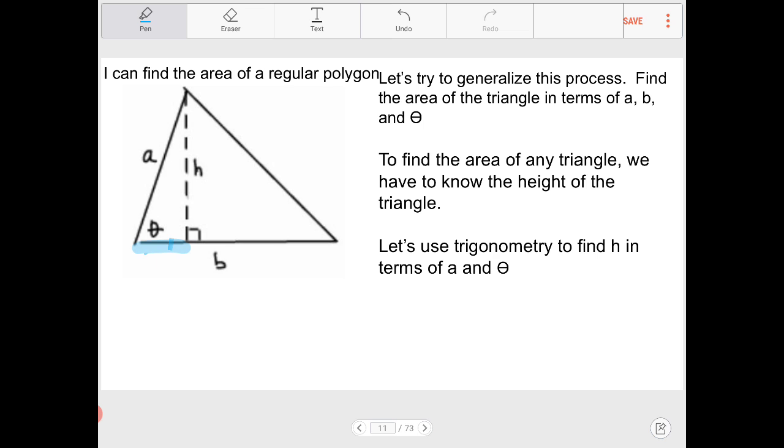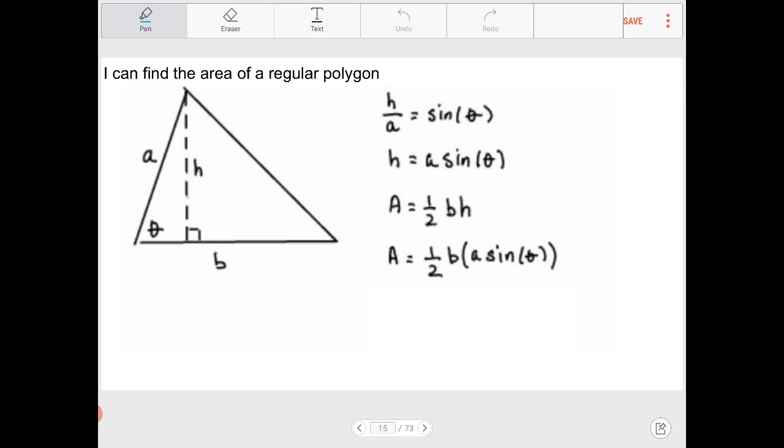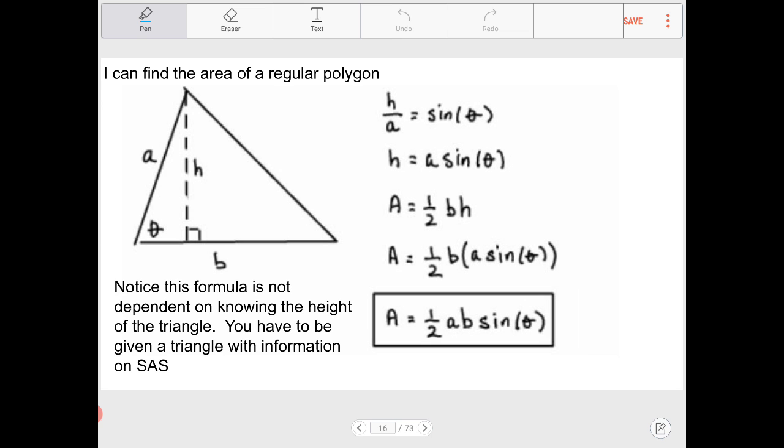I know that h over a is equal to sine of theta. Solving for h, h is equal to a sine theta. Once again, the area of a triangle is 1/2 base times height, so I can make the substitution: instead of height, a sine theta. The area of a triangle is really 1/2 ab sine theta.